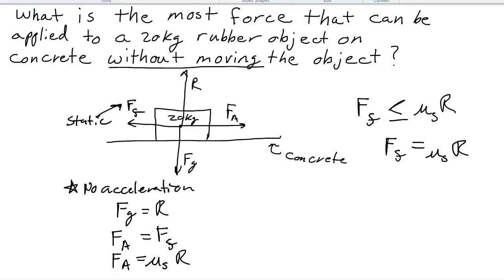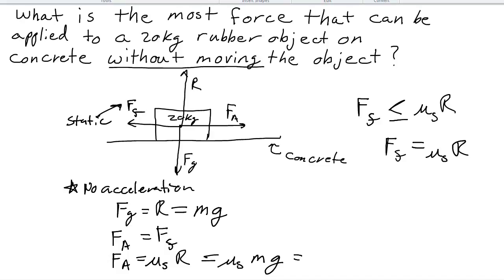The force of gravity is equal to my reaction force, and it's also equal to the object's weight, which is mass times gravity. So with a little more substitution, I end up with mu s times the mass of my object times the acceleration of gravity.